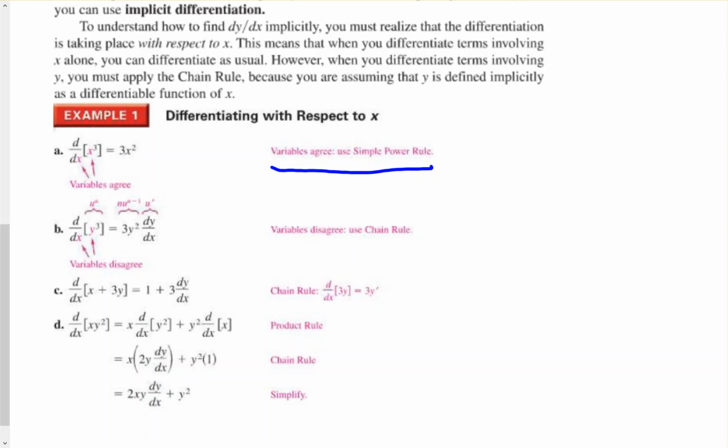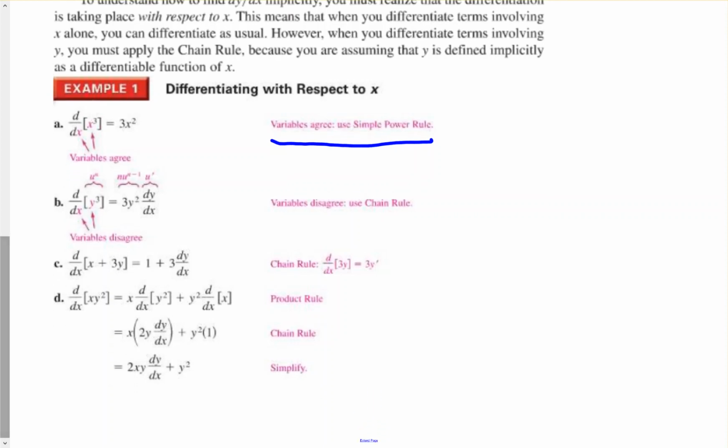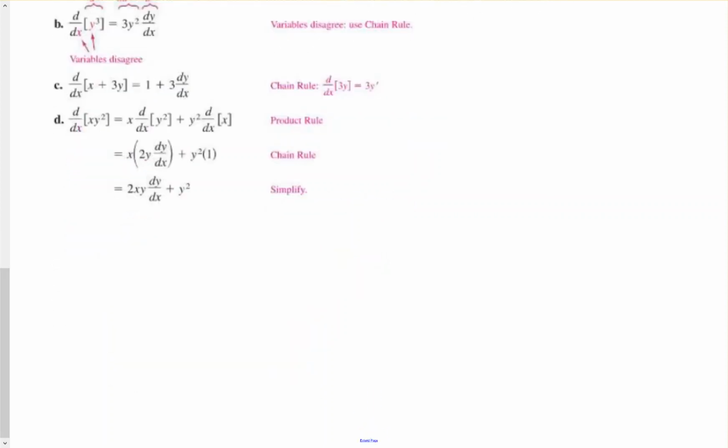Let's do a similar problem to that so we get to see it worked out live. So let's say we have the derivative with respect to x of x cubed times y to the 4th.